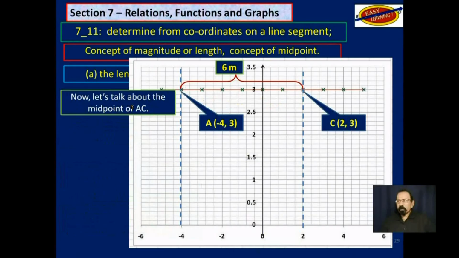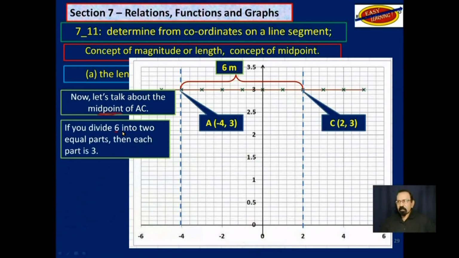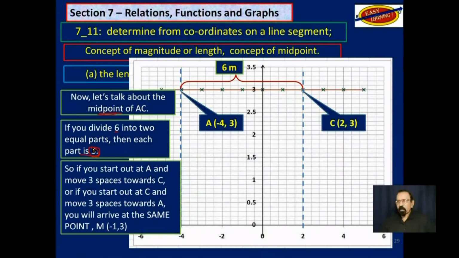Now let's talk about the midpoint of AC. If you divide 6 into 2 equal parts, then each part is 3. If you start out at A and move 3 spaces towards C, 1, 2, 3, or if you start out at C and move 3 spaces towards A, 1, 2, 3, you will arrive at the same point.